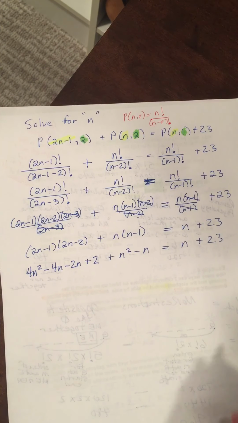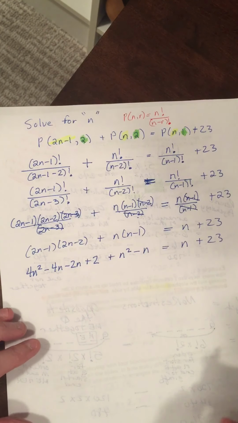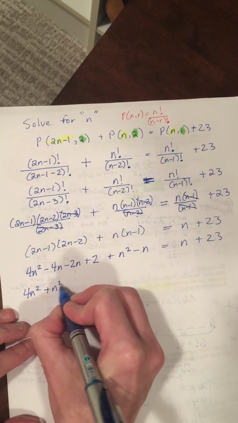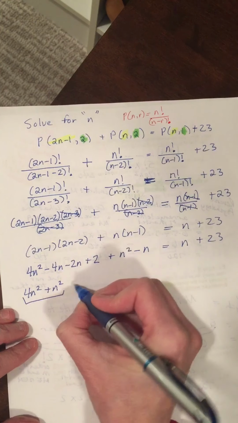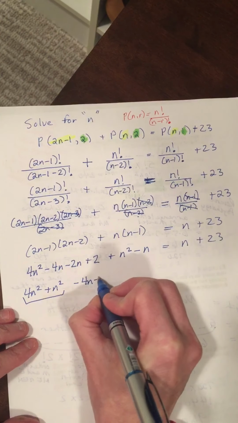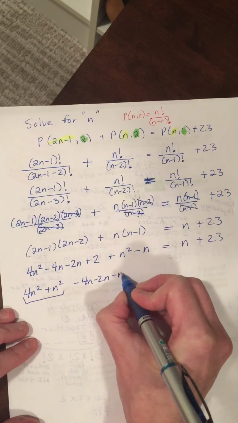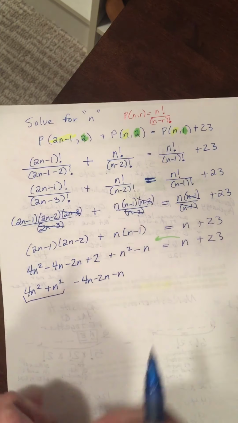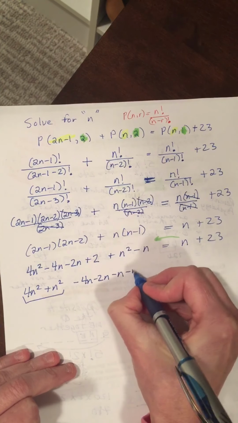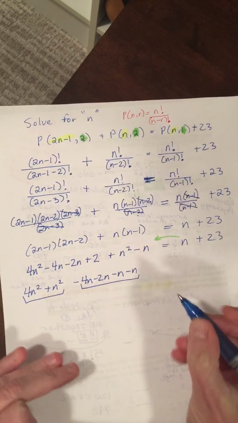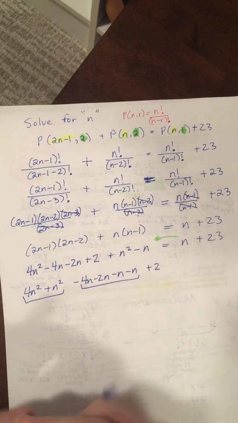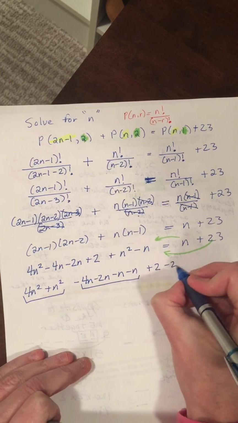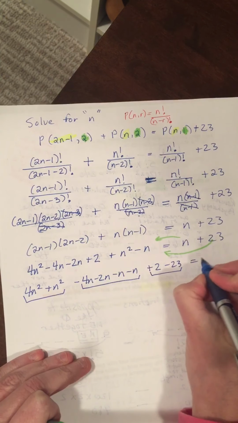Okay, let's clean this up. I'm going to bring all the n squareds together, all the n's together, and I'm actually even going to bring this guy over, and bring all the numbers together.